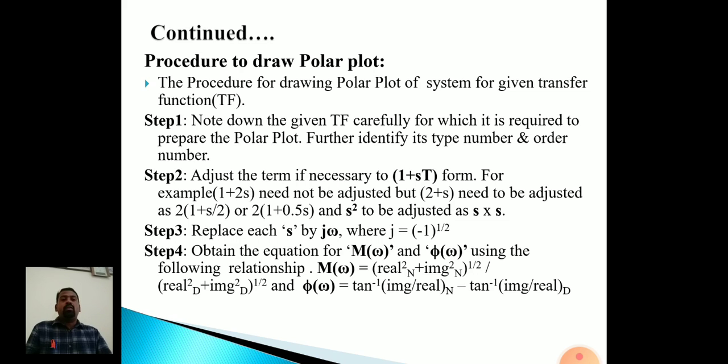That is for magnitude ratio. Similarly, for the phase angle or phase shift, phi omega equals tan inverse of imaginary by real of numerator minus tan inverse of imaginary by real of denominator. So this is how to get the phase angle, the variable of the polar plot with respect to theta: phi omega equals tan inverse of imaginary by real of numerator minus tan inverse of imaginary by real of denominator.